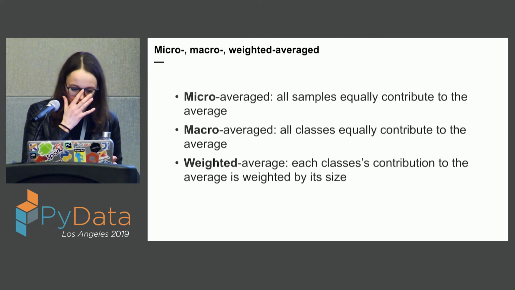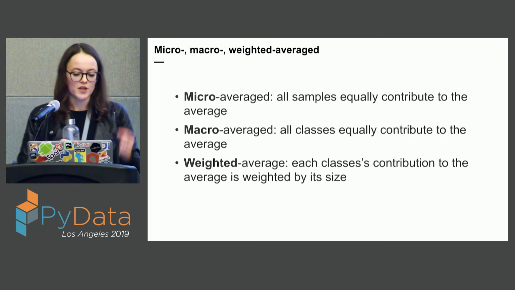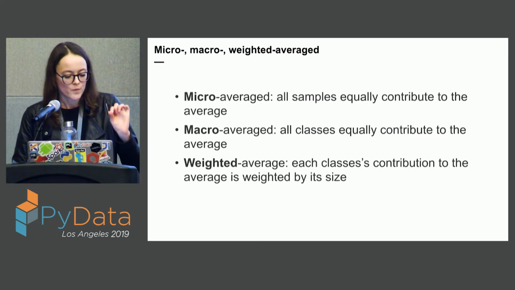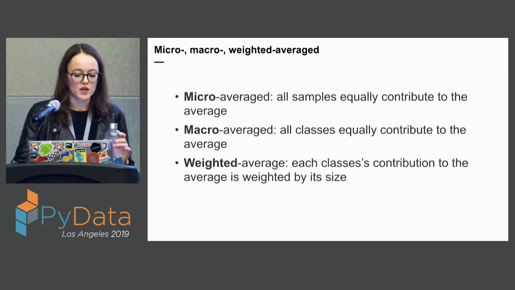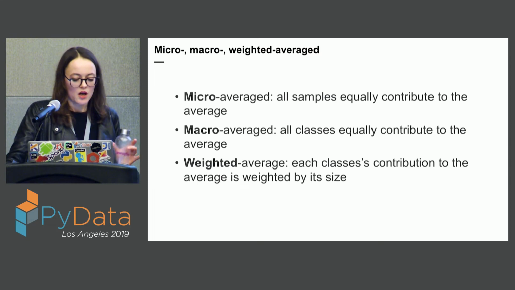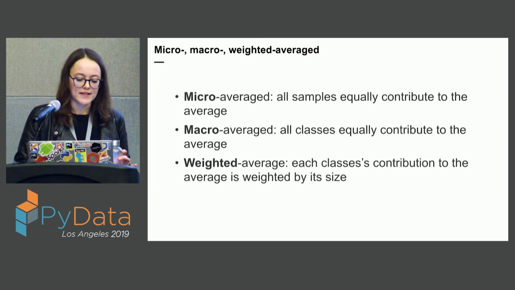So which one do you choose? Again, micro-average: every sample equally contributes to the average. And macro-average is when all classes equally contribute to the average. Weighted average is when each class's contribution to the average is weighted by its size.